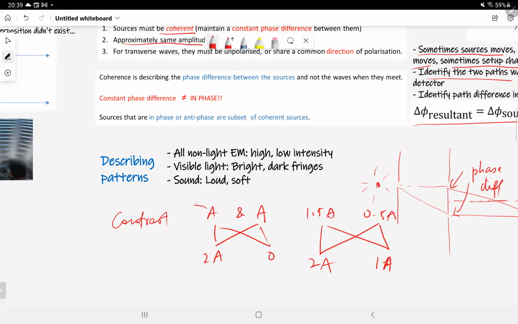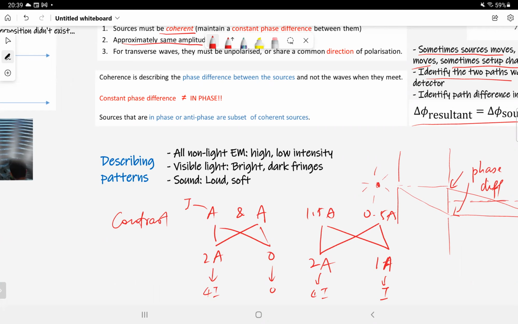So if A corresponds to I, this will correspond to 4I, and this will correspond to 0. 2A is still 4I, and A becomes only I. So now you can see between 4I and 0, the contrast is stronger compared to between 4I and I. So the more similar their amplitudes, the more contrasting the intensity of constructive and destructive interference positions.